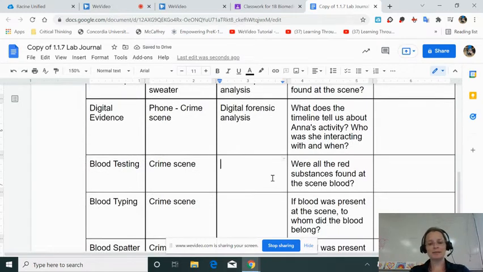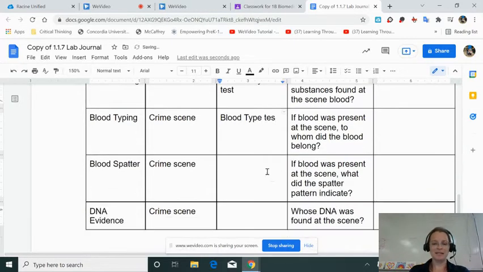Blood testing, we did the Kastle-Meyer test. That was just the test that confirmed that it was indeed blood. Blood typing, we did a blood type test. Okay, blood spatter test.